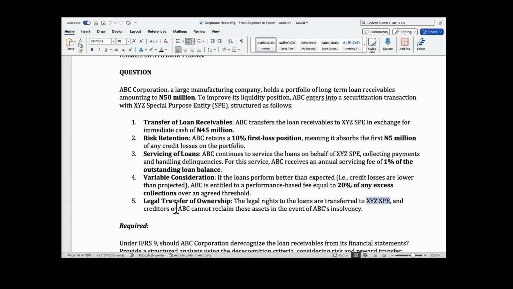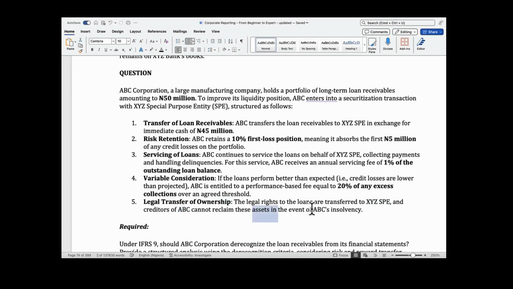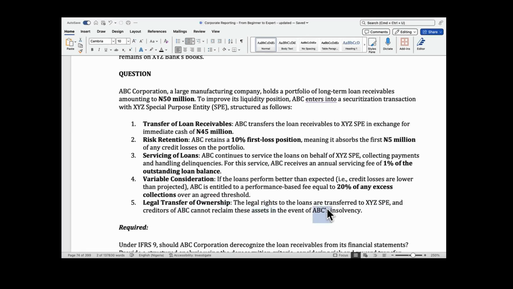So the creditors of ABC cannot reclaim assets in the event of ABC's insolvency. What is important here is that ABC has nothing to do with this receivable anymore. He has transferred ownership of that receivable to XYZ.